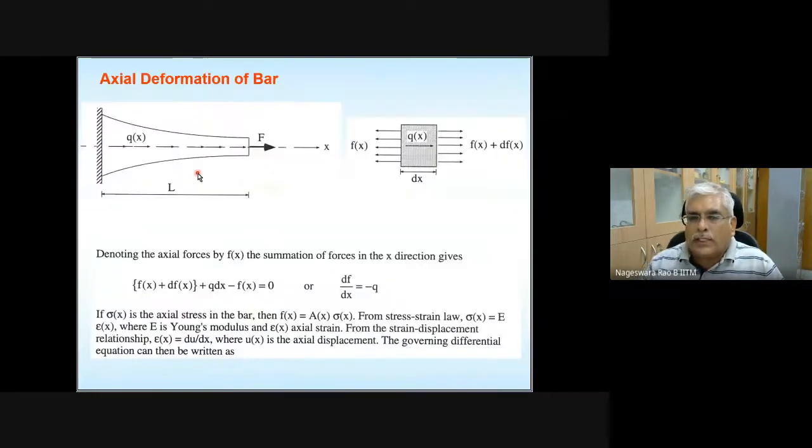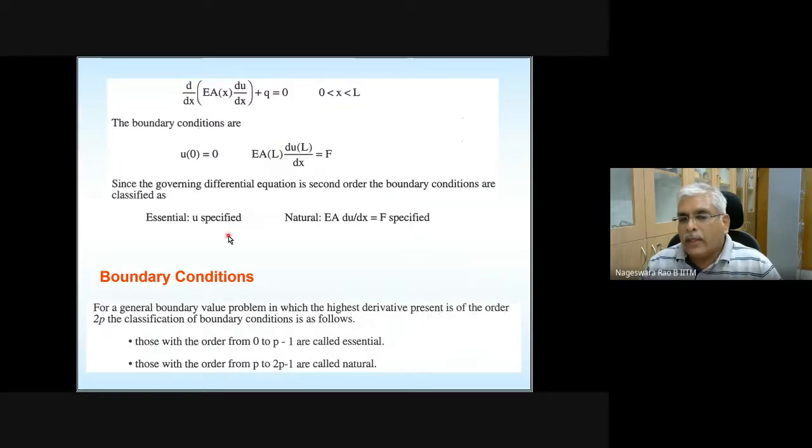Whether you have this force applied here or not, whether you have this body force assumed or not, unless you fix this bar here, unless you hold it here, it's not going to be like any structural member. It's something floating in the air. So that is the reason you can assume it to be an essential boundary condition. Okay, so this is essential, and the other is called natural boundary condition. Why it's called natural boundary condition, I will explain at a later stage.